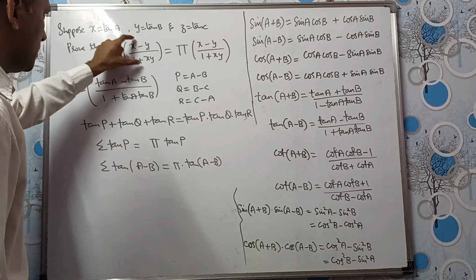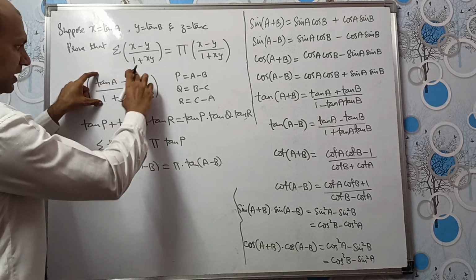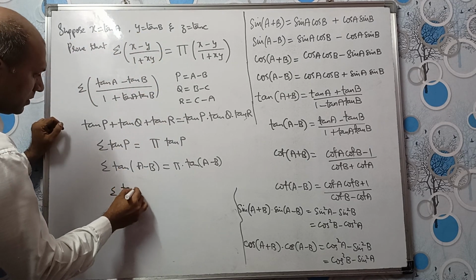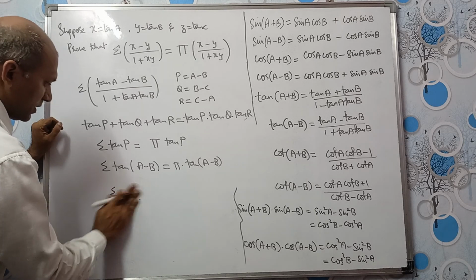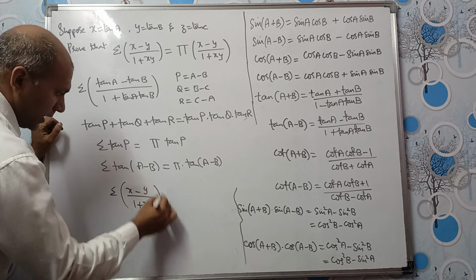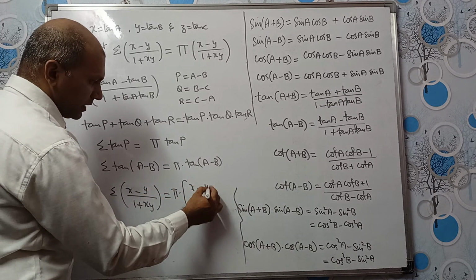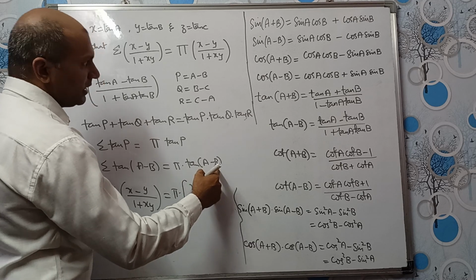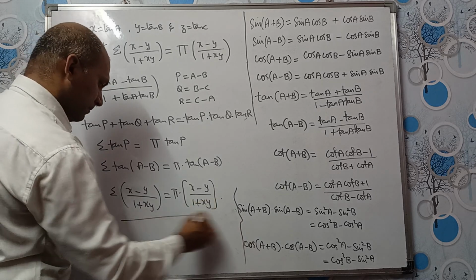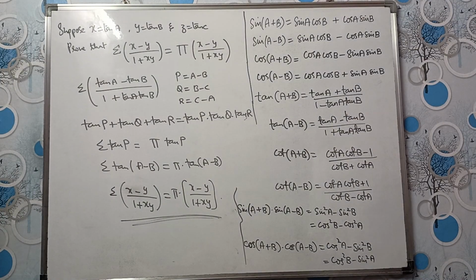If you expand tan (A minus B), it is (tan A minus tan B) by (1 plus tan A tan B), which will be equal to this. So sigma (x minus y) by (1 plus xy) is equal to the multiplication of (x minus y) by (1 plus xy). Alright. The video was quite lengthy, right?